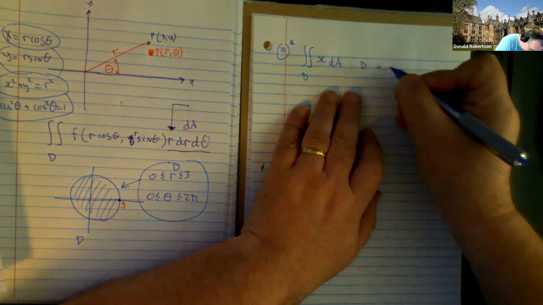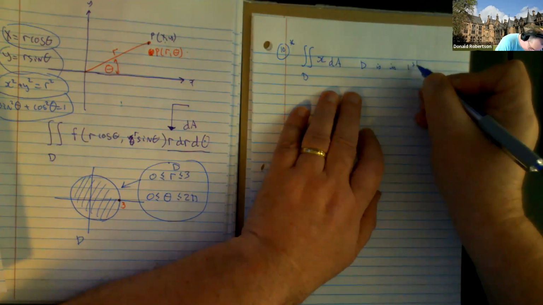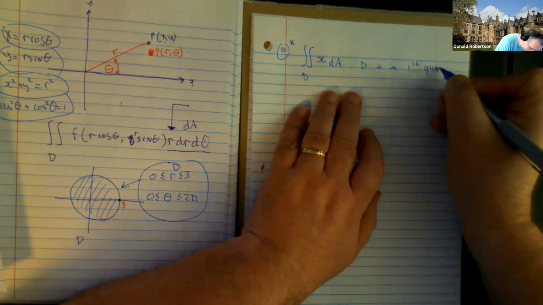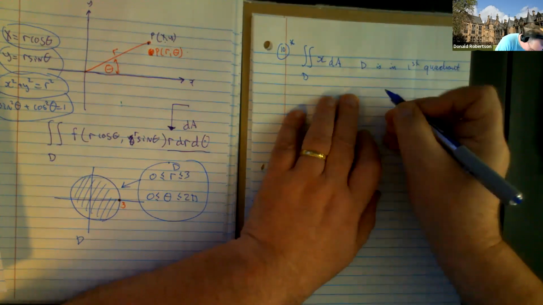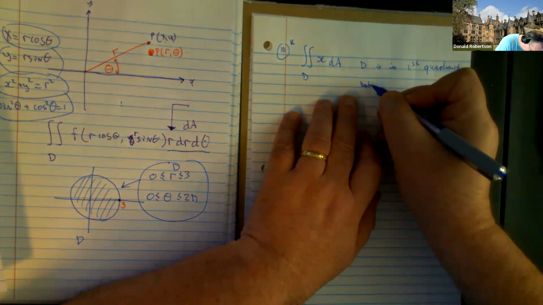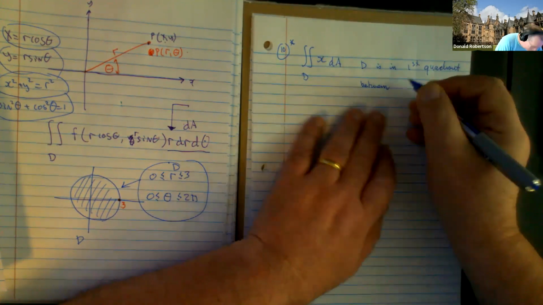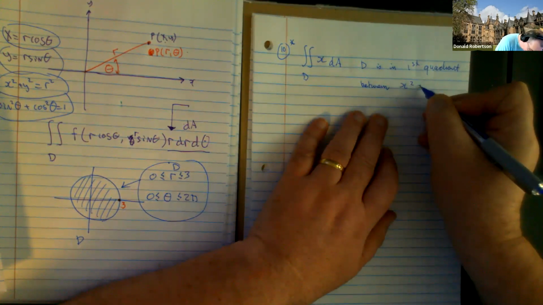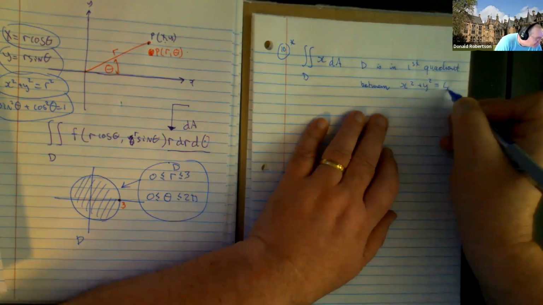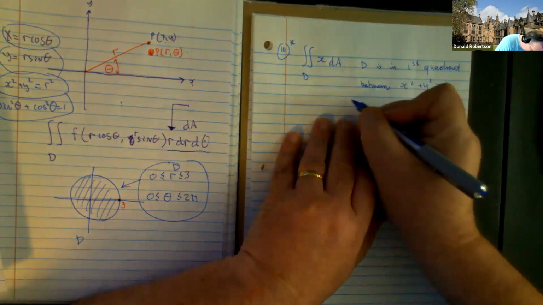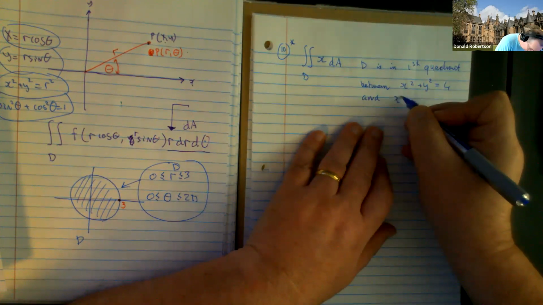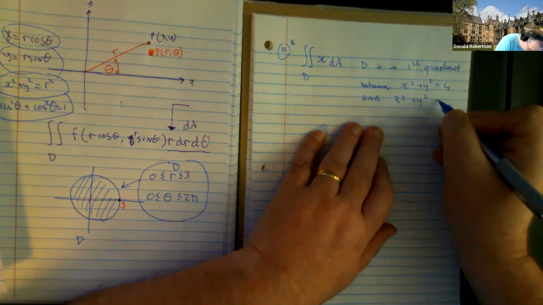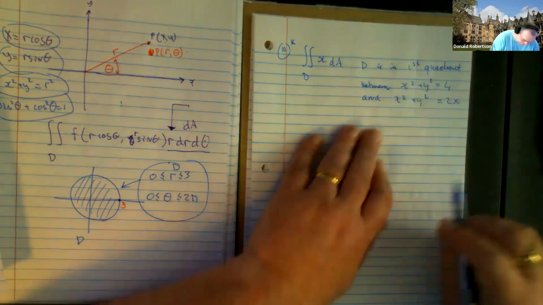D is in the first quadrant. That's the first thing they told us. It's between x squared plus y squared equals 4, which is the circle of radius 2, and the ugly bit: x squared plus y squared equals 2x.